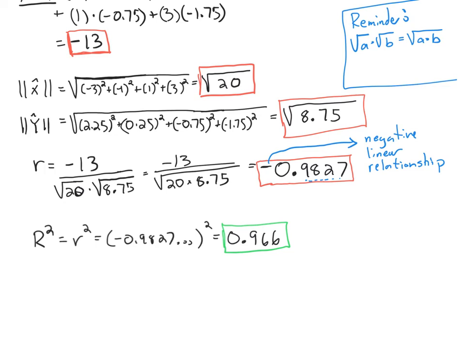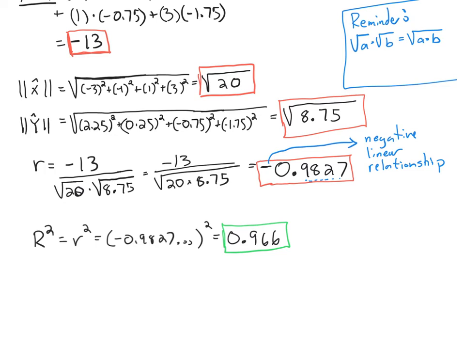So this is just another method of calculating your coefficient of determination, and it gives you a new calculation for your correlation coefficient as well. It plays the same role as the coefficient of determination. The closer you are to 1, the better the relationship.